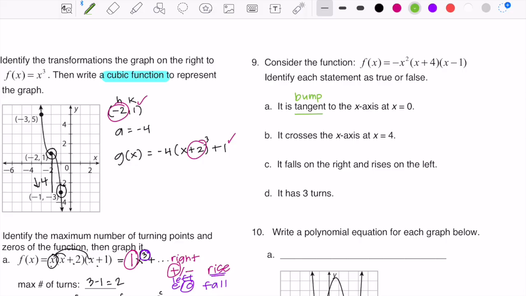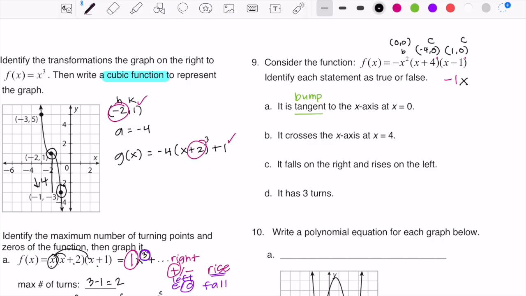So I'm just going to make sure that I have the first term here, which would be negative 1. And then that's a bump at 0, 0. This one is not going to bump, it's going to cross. And this one is not going to bump, it's going to cross. And again, the reason for that is that these have odd exponents.